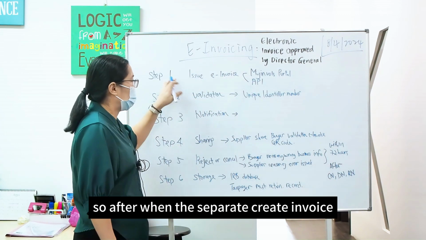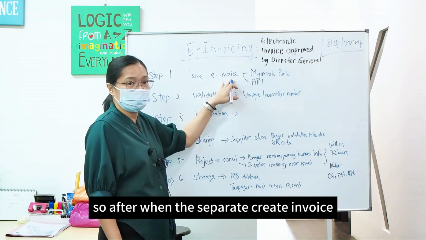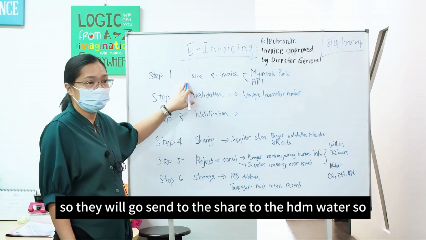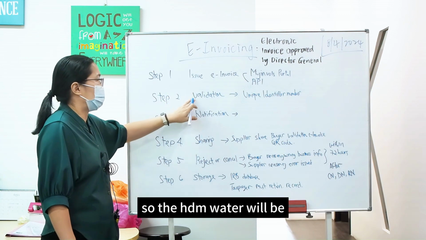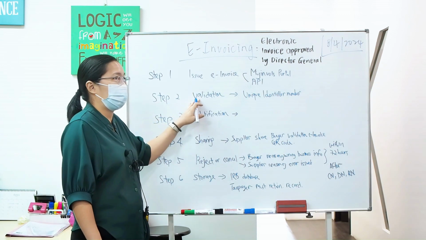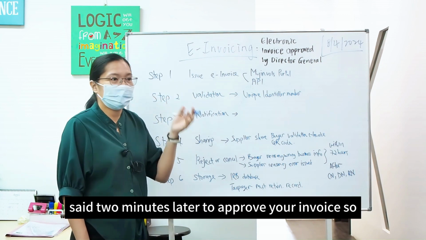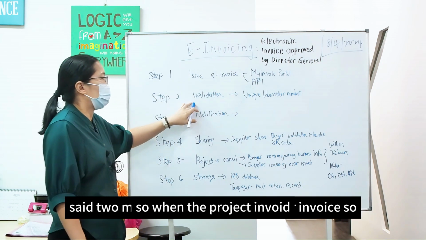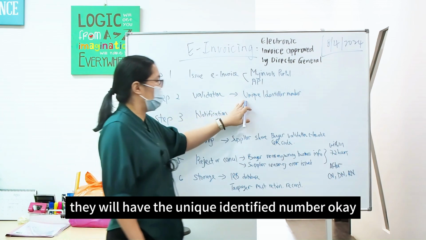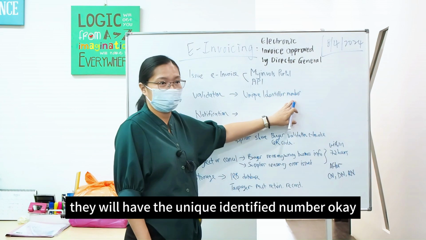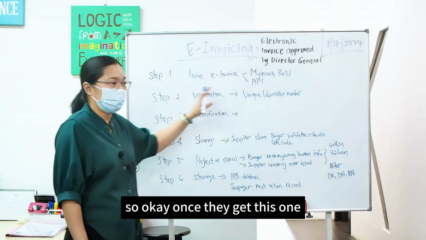Okay. So after the supplier creates the invoice, they will share it to the LHDN portal. The LHDN portal will, in real time, say within 2 minutes, approve your invoice. When they approve the invoice, they will give a unique identifier number. Okay.